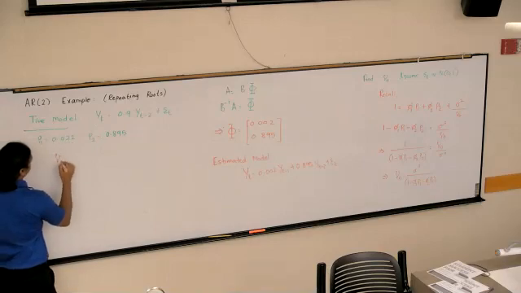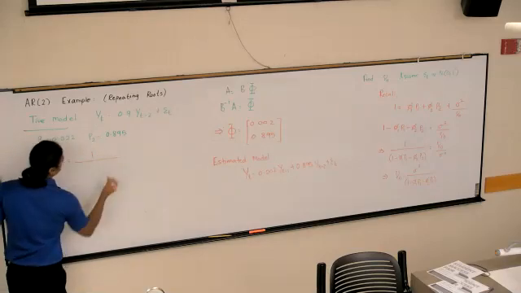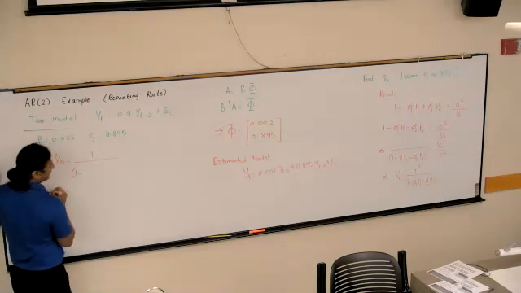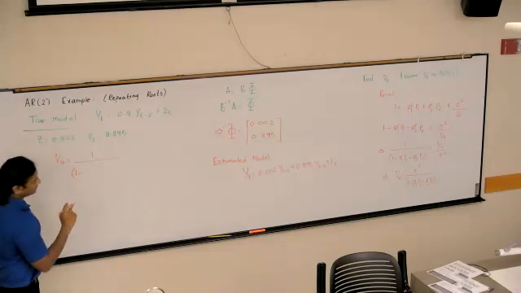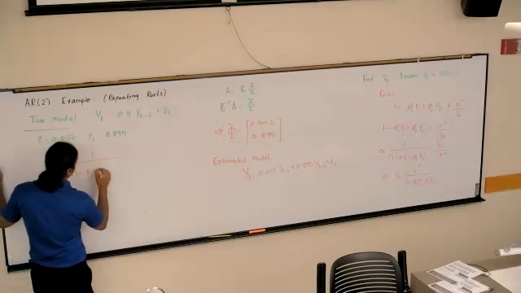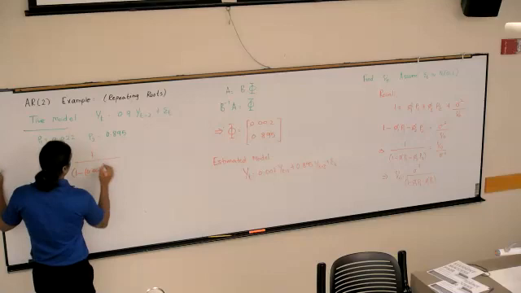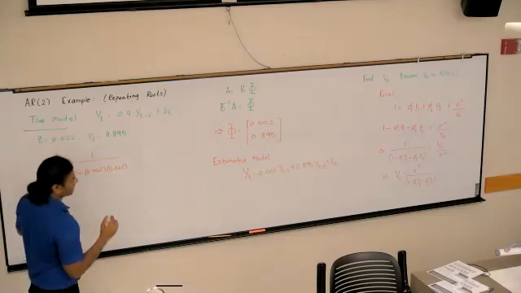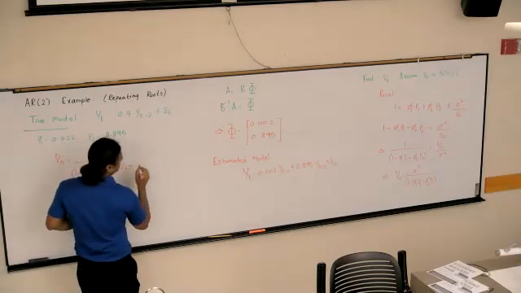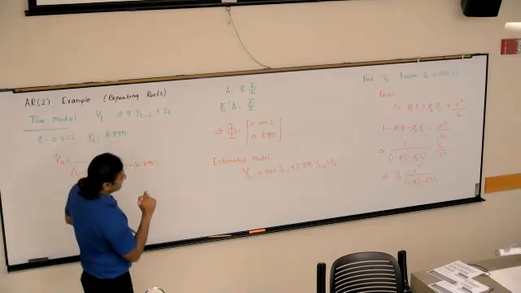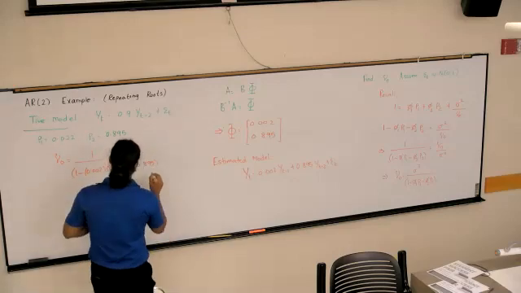So gamma naught would equal 1 divided by 1 minus 0.002 times rho 1, 0.022, minus phi 2, 0.895, multiplied by 0.895.